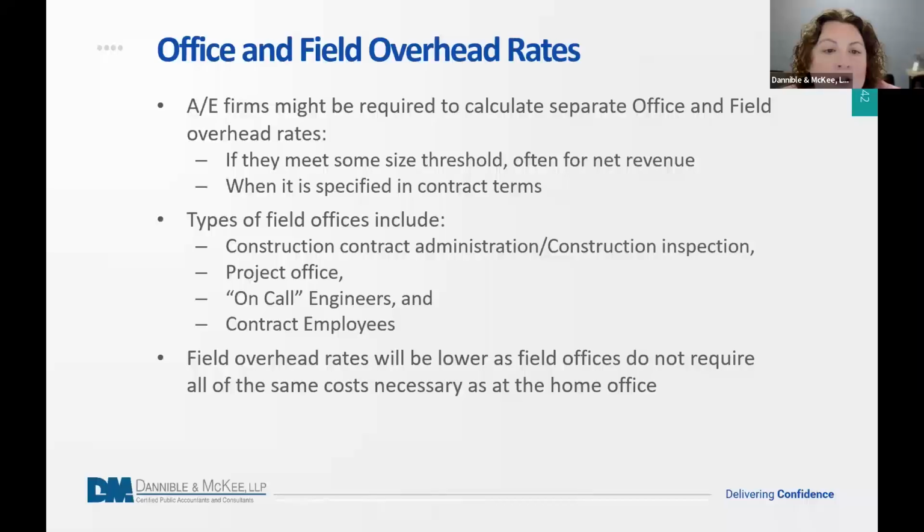If you do a lot of construction, contract administration, construction inspection, on-call engineering, you have contract employees, project offices in the field, that would be designated to a field overhead rate contract. So you would need a specific rate for field jobs. In a field overhead rate, obviously the rate itself is going to be a little lower, because you're not going to have all the same costs as if it was an office or a home rate.